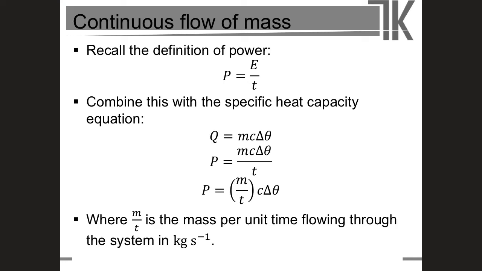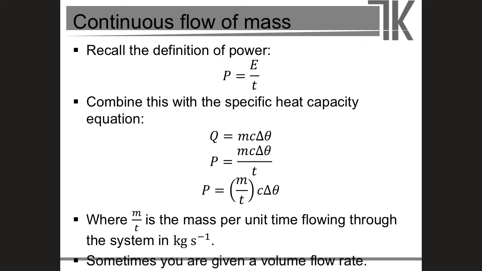And you should treat it as M over T and not take T to be 1 second or anything silly like that. If you're given something in the units of kilograms per second, that is the mass per unit time flowing. And that is both of those symbols together, the entire thing in brackets, M over T. C is our specific heat capacity, and delta theta is our change in temperature, remembering that that could be in degrees Celsius or Kelvin because of the way that change works.